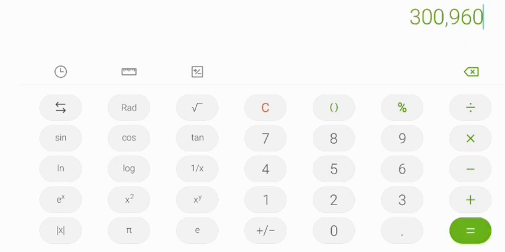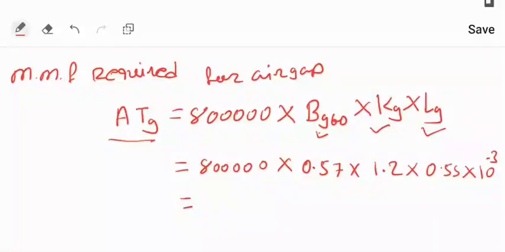You get the answer 300960 into 10 raised to 3, that means divided by 1000, so you get 300.96. In place of 300.96 we can write 301. So after the calculation we get 301 ampere.